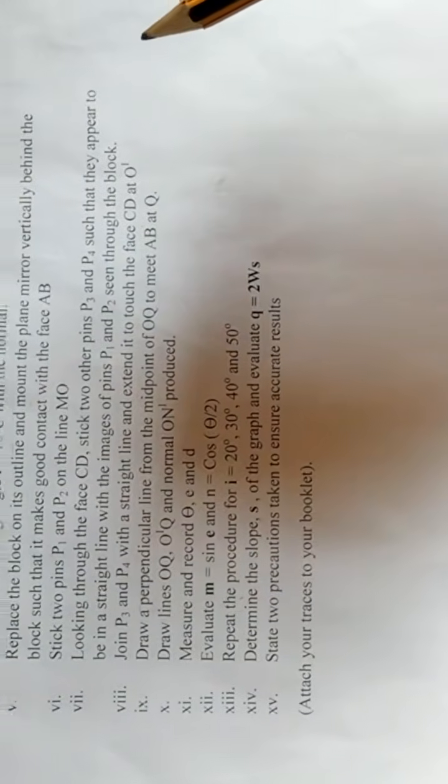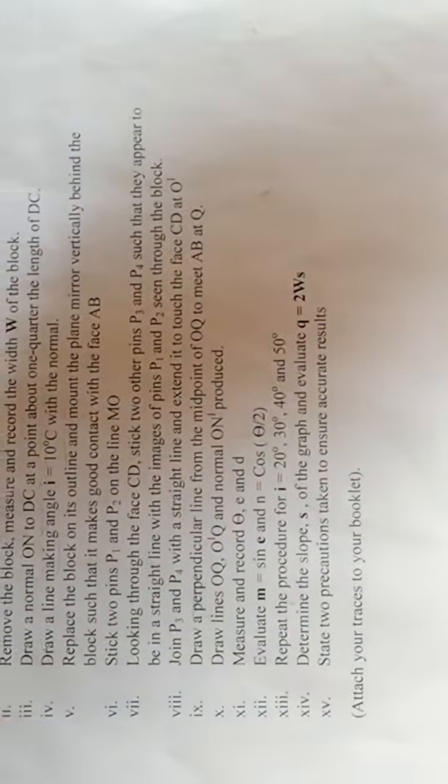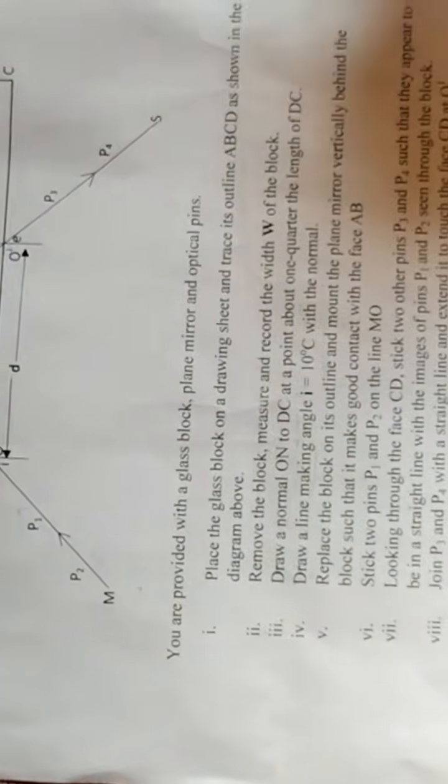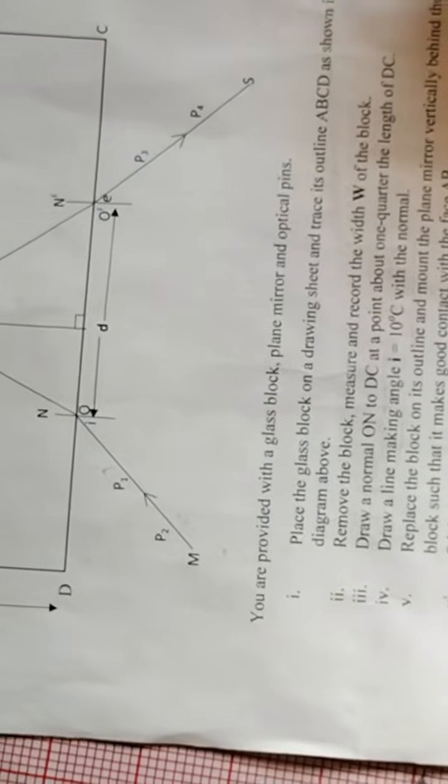Our last question is question 5 that says, state 2 precautions taken to ensure accurate results. One of the precautions is that I ensured that the pins P1 and P2 are kept vertically erect and located at a reasonable spacing.